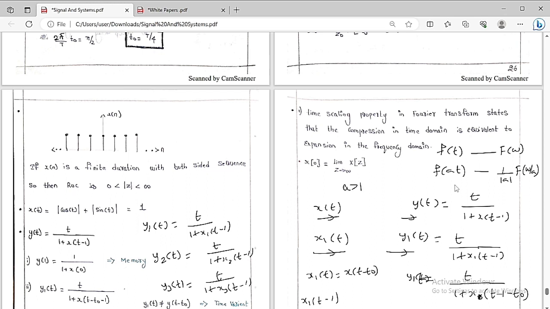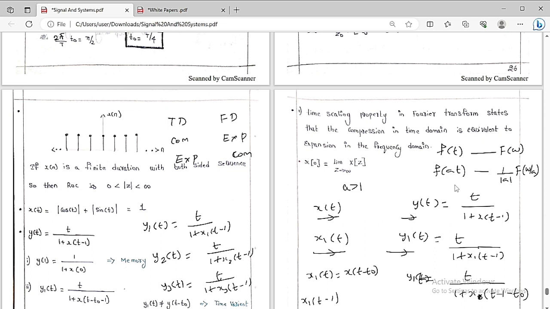A greater than 1 means compression in the time domain. Here, since a is greater than 1, omega by a is smaller, so definitely you are going to get expansion in the frequency domain. Similarly, if a is less than 1, it means expansion in the time domain, and then there will be compression in the frequency domain. Very simple concept, right?